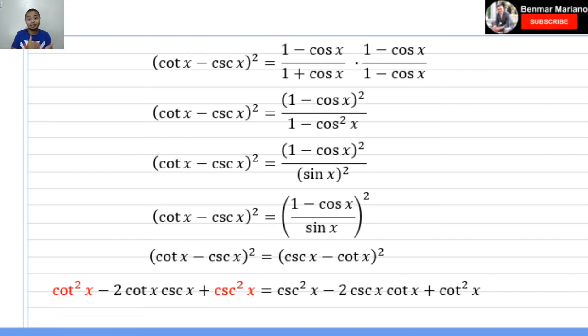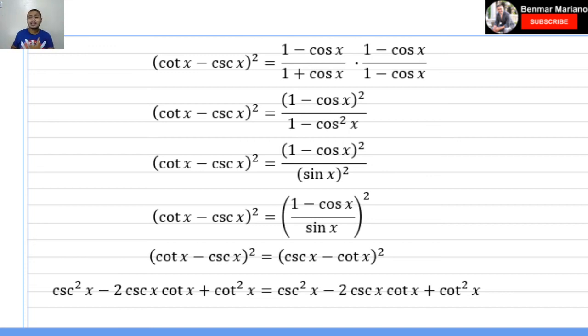So by applying the commutative property of addition, we can interchange them. Another thing is that what is written in blue ink and green ink can also be interchanged by applying the commutative property of multiplication, right? And as you can see now, the one on the left side is exactly the same with the one on the right side of the equation.